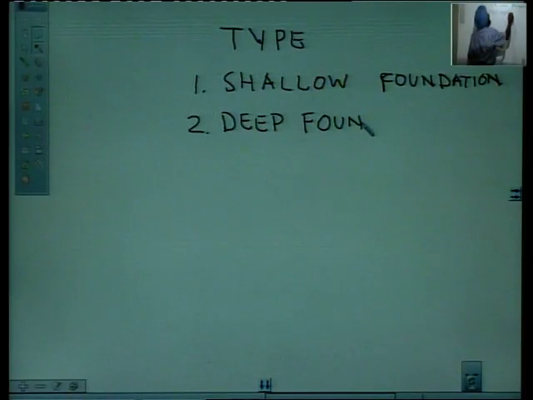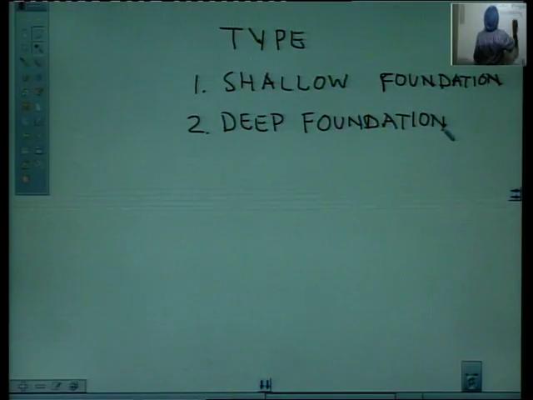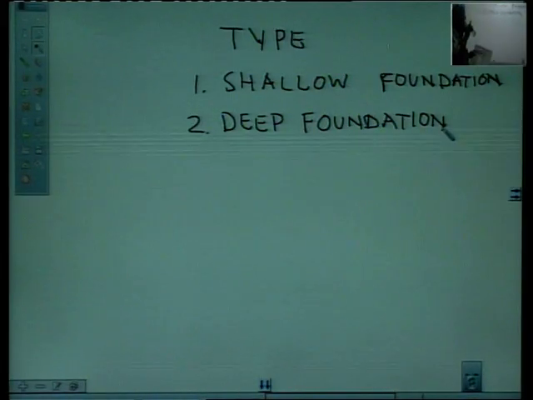When the depth of foundation is smaller, then we go in for shallow foundation. Otherwise, when depth is more, just like in the case of wells, we have more depth, so deep foundation is there.